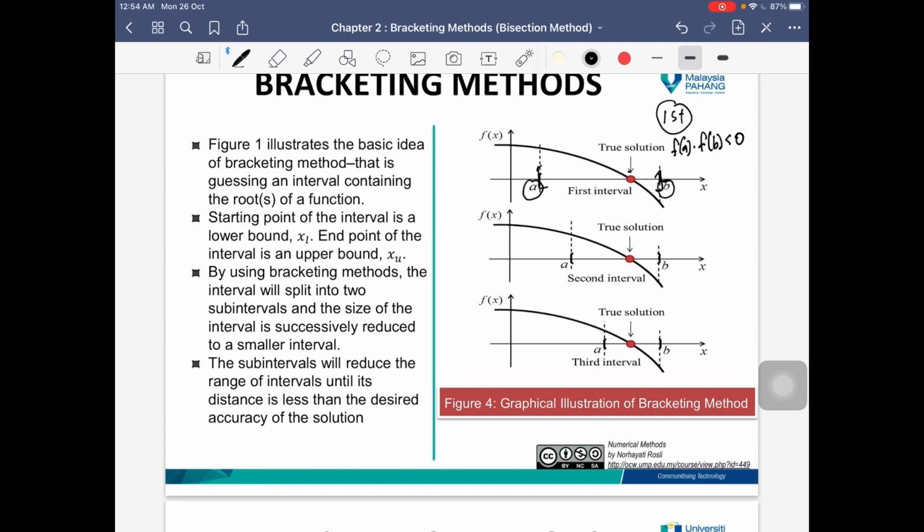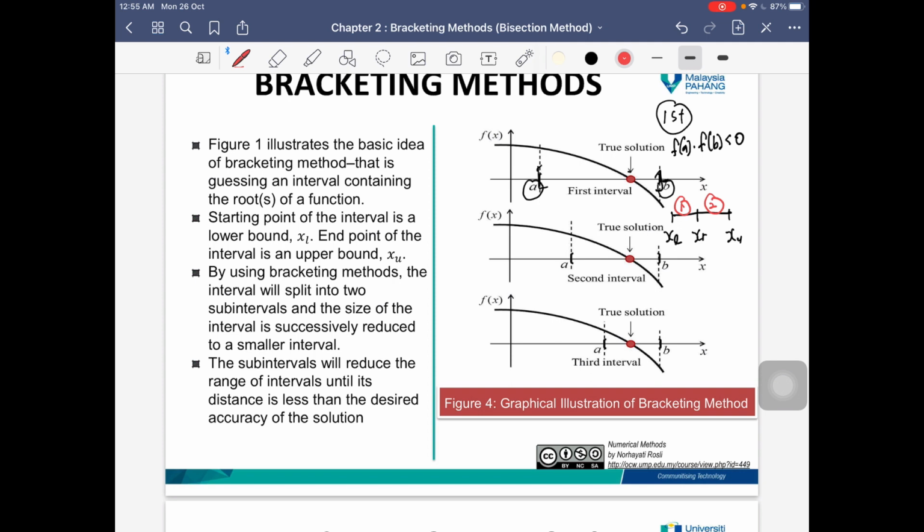After you do the bracketing methods by using bisection or the false position method later on, you will have two subintervals. This is your x_l, this is your x_u. Then if this is your x_r, you will have two subintervals: this is your lower subinterval, this is your upper subinterval.